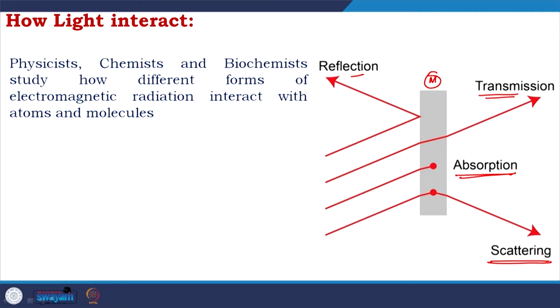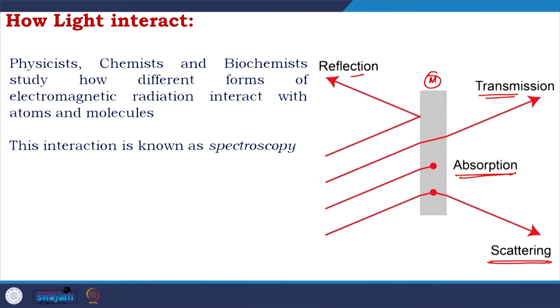And as I say, physicists, chemists and biochemists study how different forms of electromagnetic radiation interact with atoms and molecules, and what the different effects are that would help us to understand or characterize the molecules, if there are any fingerprints, that is what we are looking for.